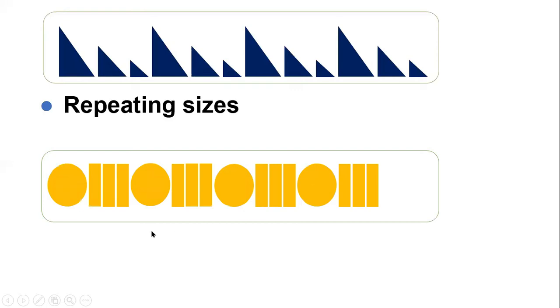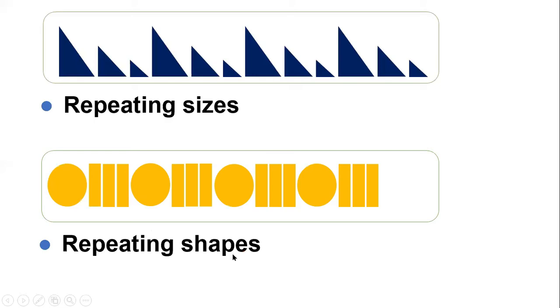Okay, what about this one? What do you think about this pattern? Okay, so we can see that this one is of repeating shapes. You can see a circle, a quadrilateral, quadrilateral, quadrilateral.